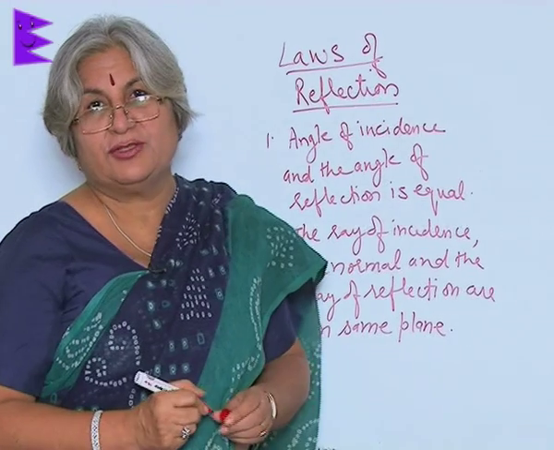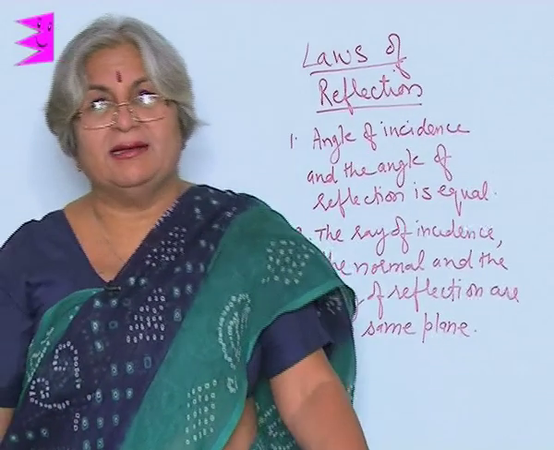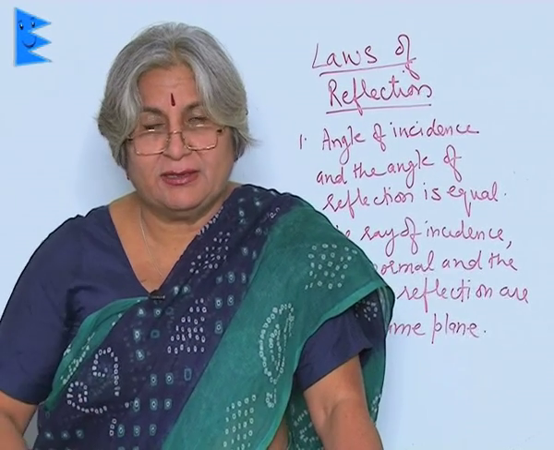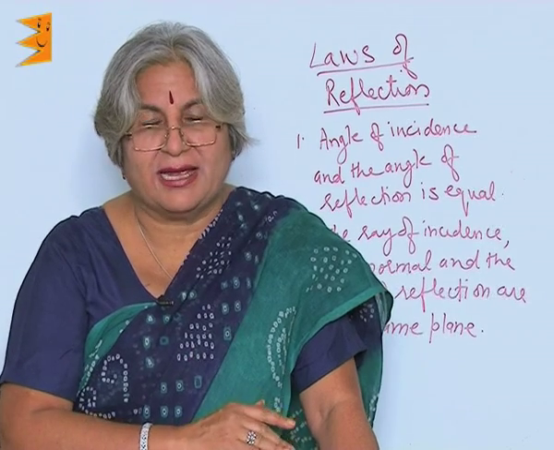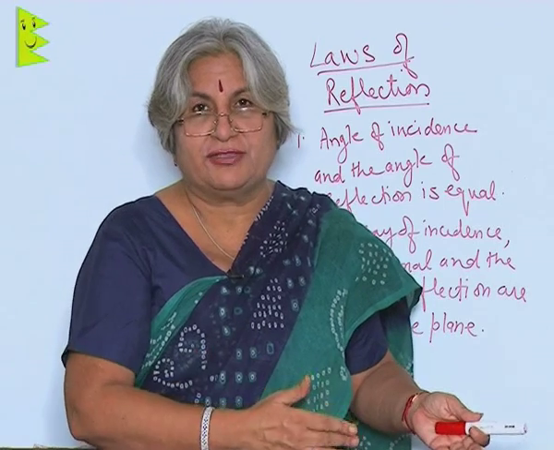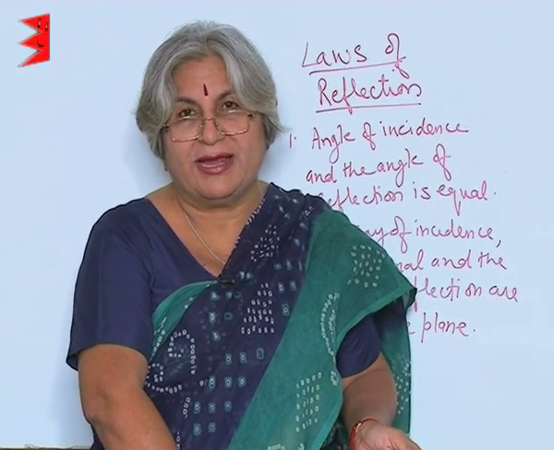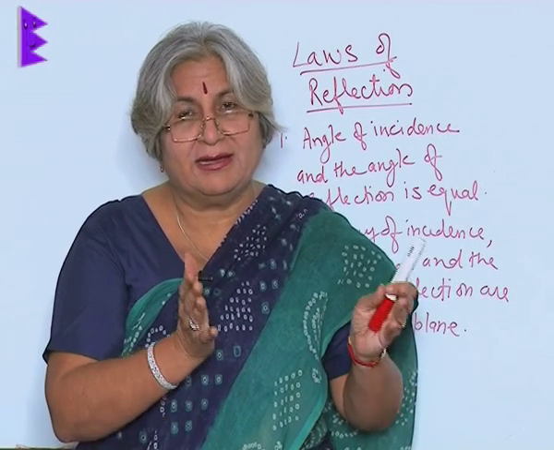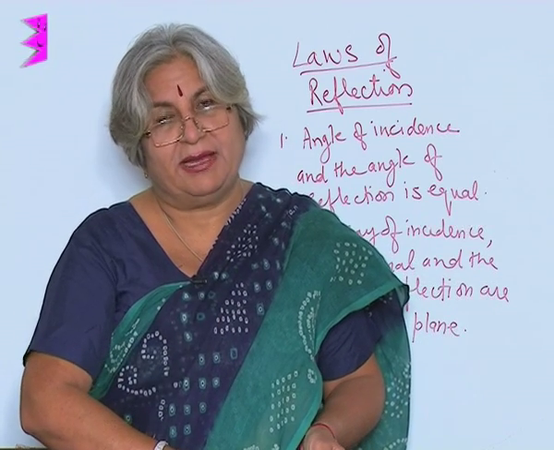Now, how we can show that? Same experiment, but this time take a little bigger sheet and a stiffer sheet. Spread it on the table, set up the experiment just the way you did last time, but this time the extended or the projected part of sheet has to be either cut off or it has to be bent down, so that some part where the ray of reflection was to come is not at the same plane.